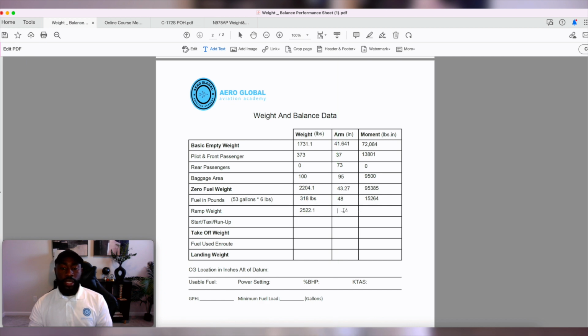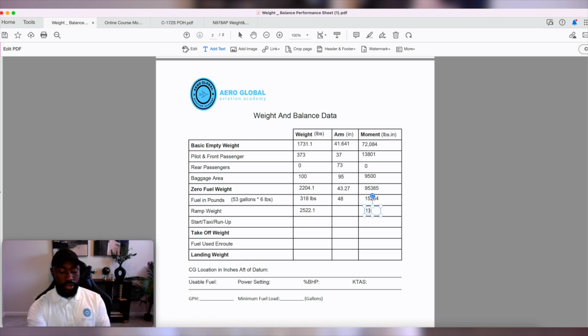And then to get the arm, just because I can't really find the arm anywhere just like that, I'd have to add up the moment as well, because I added the weight here. I add up the moment and then divide the total moment here by the total weight to get the arm for the ramp weight. So I'll add that up: 5,385 plus 15,264.